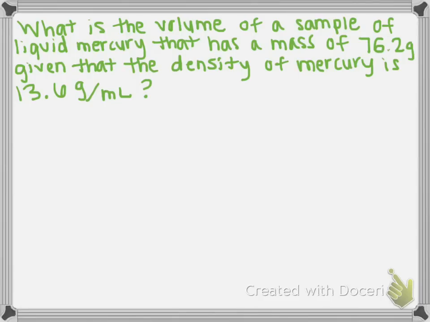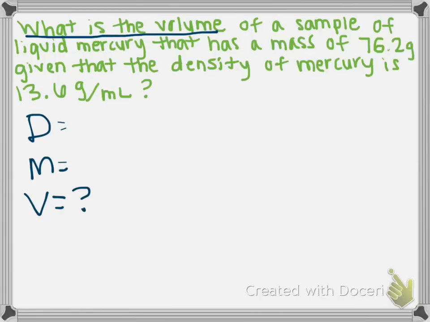Alright, my last example here says, what is the volume of a sample of liquid mercury that has a mass of 76.2 grams, given that the density of mercury is 13.6 grams per milliliter? So again, I need my 3 variables, density, mass, and volume. It says, what is the volume? So that is what I'm solving for. That's my question mark.